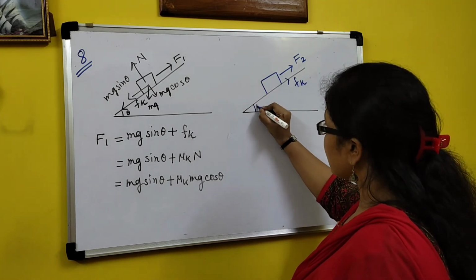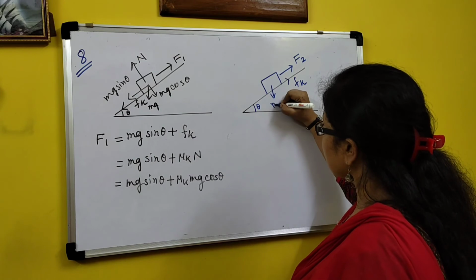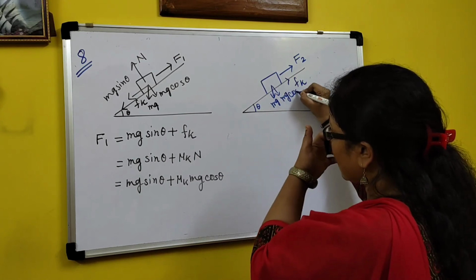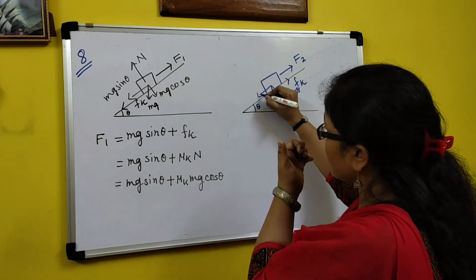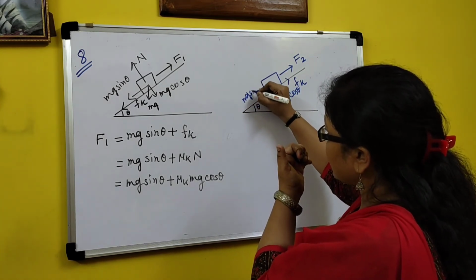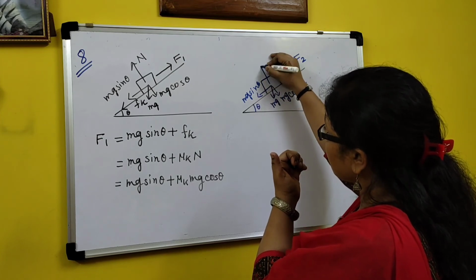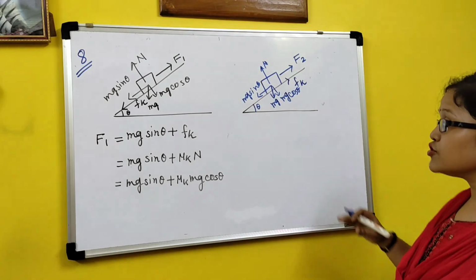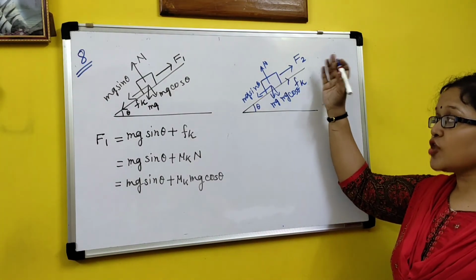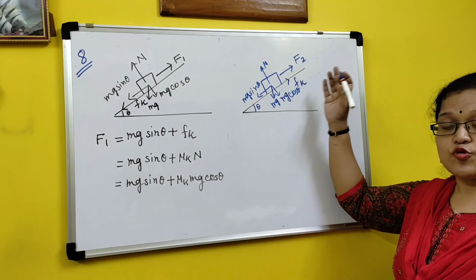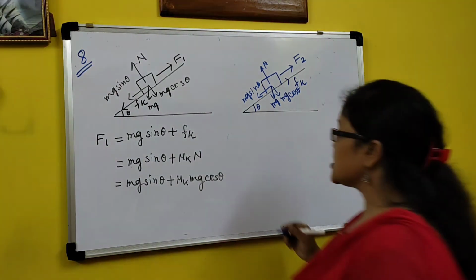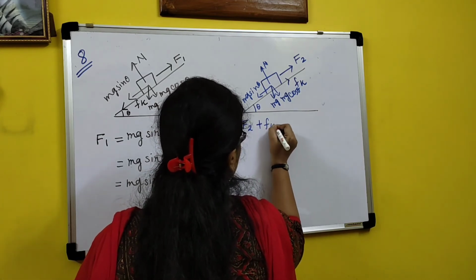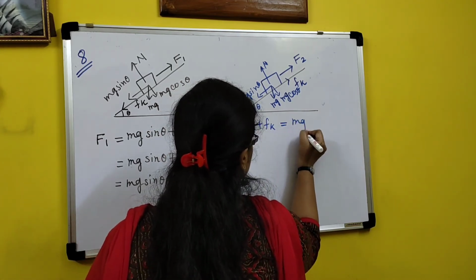Other things are the same: this is mg, this is mg cos theta, this is mg sin theta, and this is N. Clear? This time I am giving the force which just prevents the object from moving in the downward direction. So I can write F2 plus Fk is equal to mg sin theta.